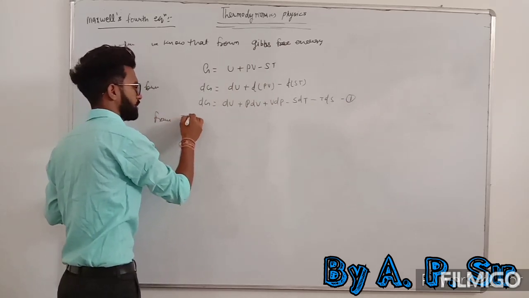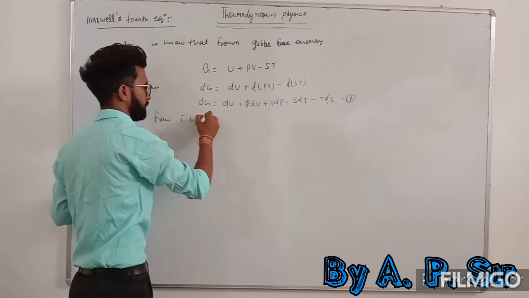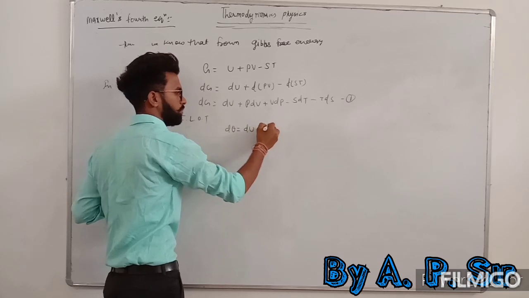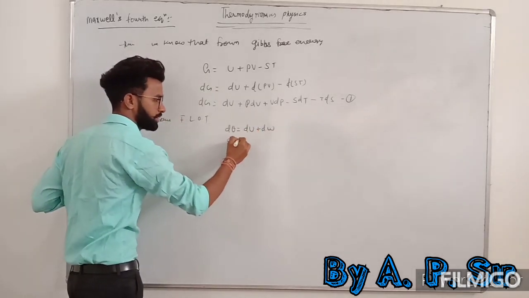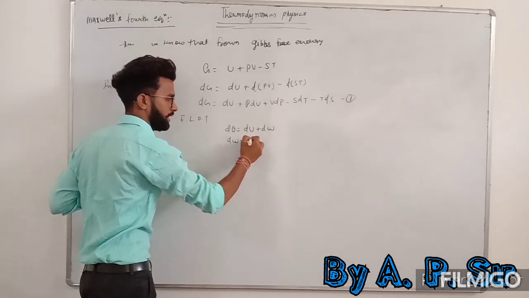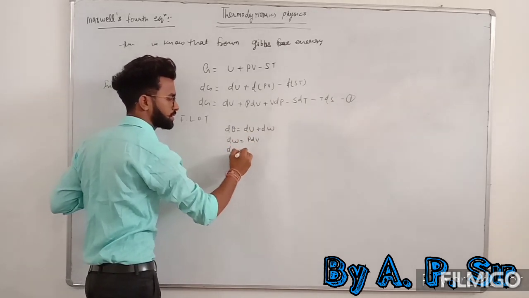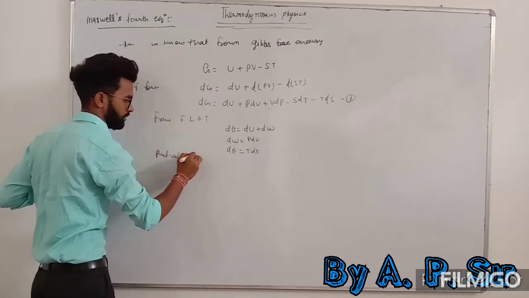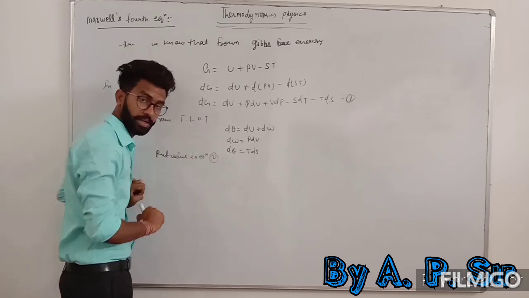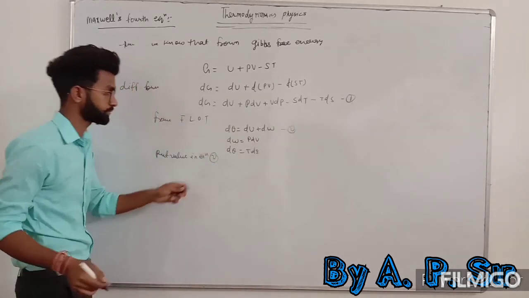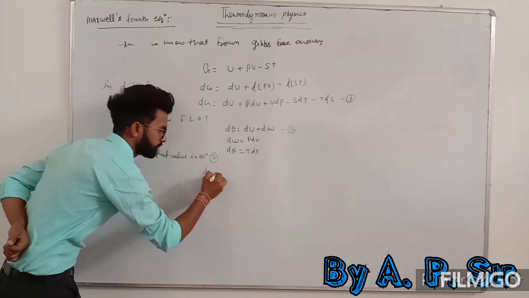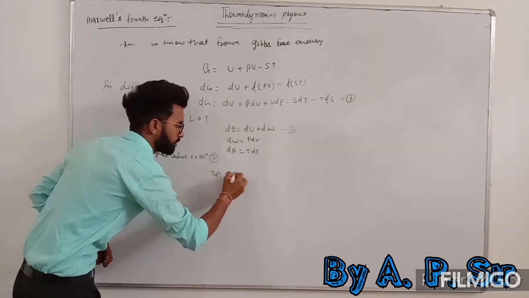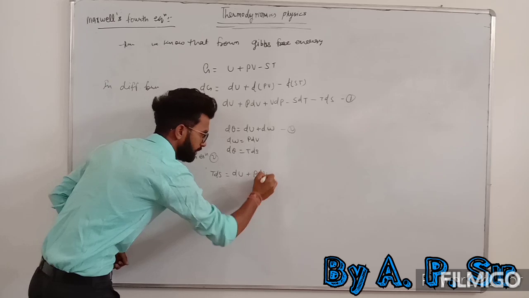From the first law of thermodynamics, dQ is equal to dU plus dW, dW equals PdV and dQ equals TdS. Put the value in equation second: dU plus PdV equals TdS.